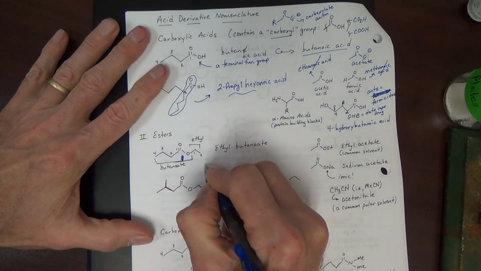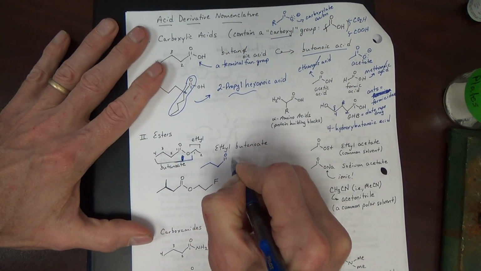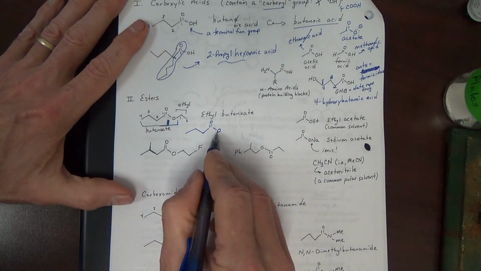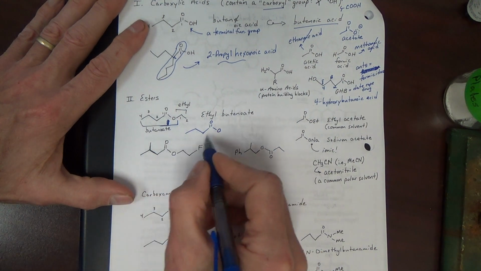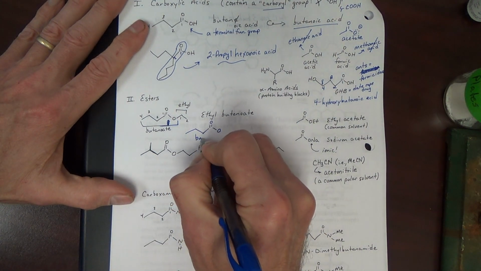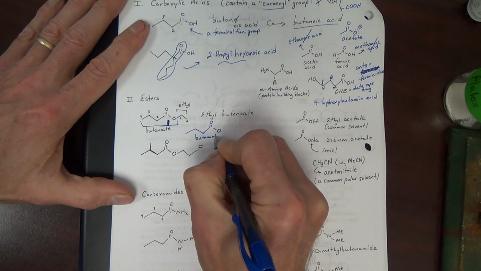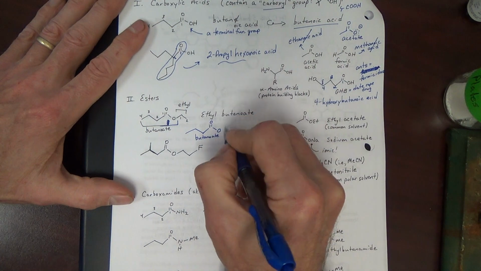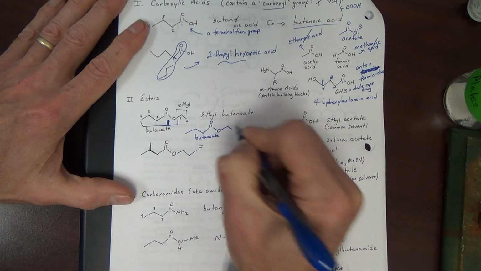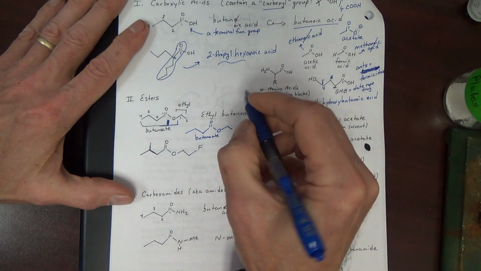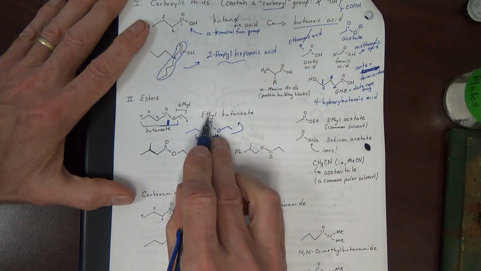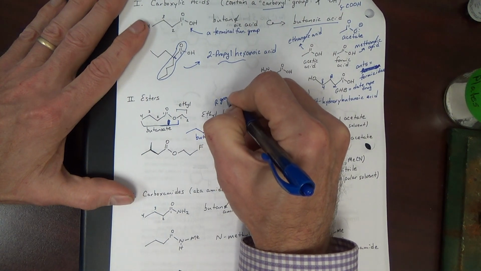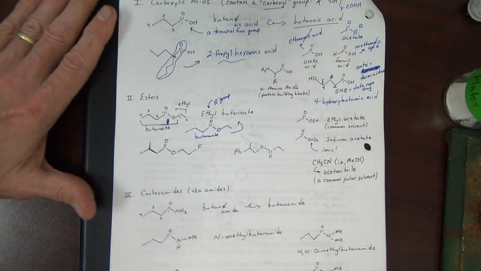And so what we have here is that there, and it's usually a minus if it's by itself. And then what is on that? Well, this is a butanoate. But if we put an R group here, like an ethyl, this becomes ethyl butanoate. And so this is the R group that's on the ester.